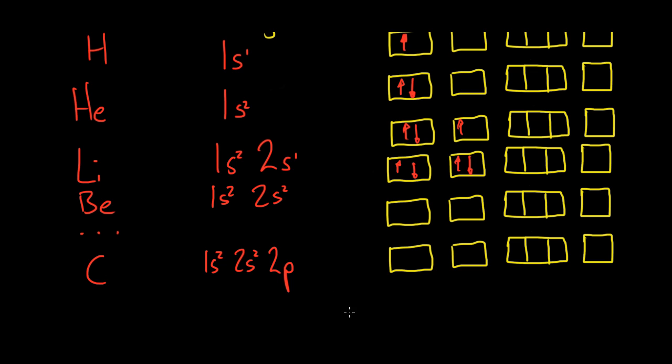So it has an extra 2 electrons left over, so we put them in there. So we have 1 up, 1 down, 1 up, 1 down in the 1s and the 2s orbitals, but then with the 2p orbital we have 1 up, and it doesn't pair down because of Hund's rule. It fills the vacant orbital, and it continues on like that all the way down.